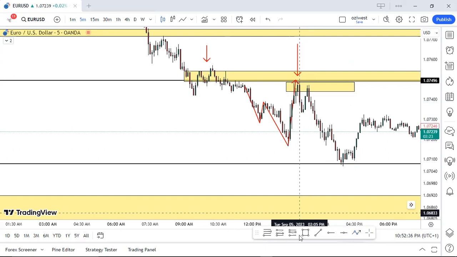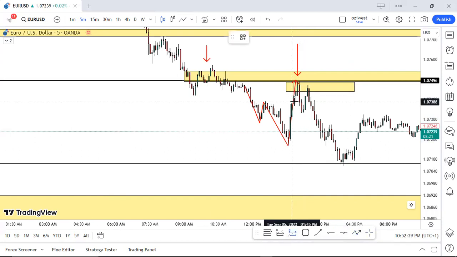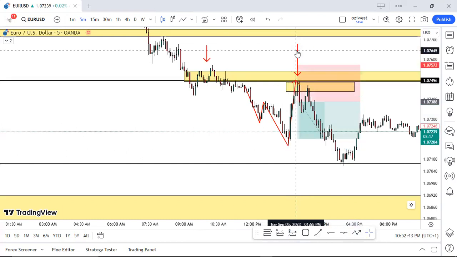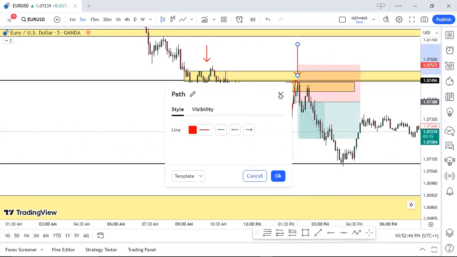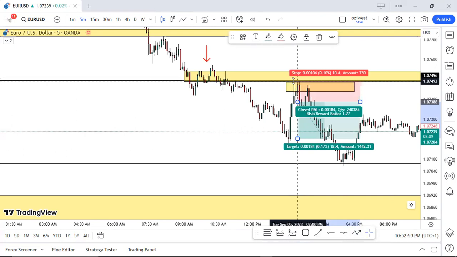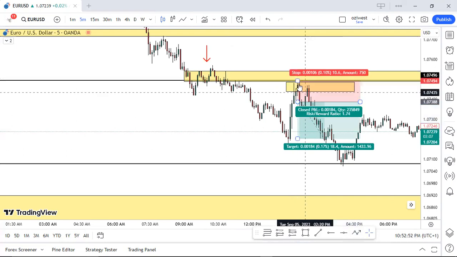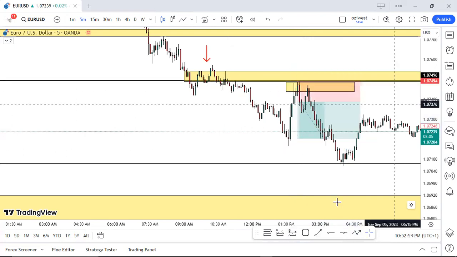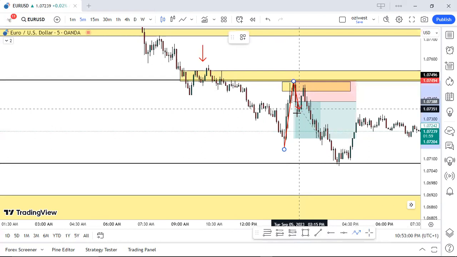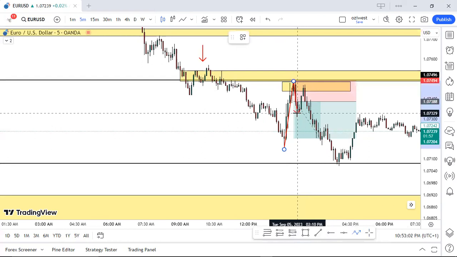So that was where I took the first position, and stop loss was above that bearish engulfing candlestick. So me knowing that price here created a higher high, that here would be a possible higher low.